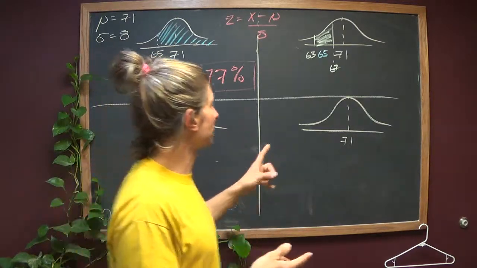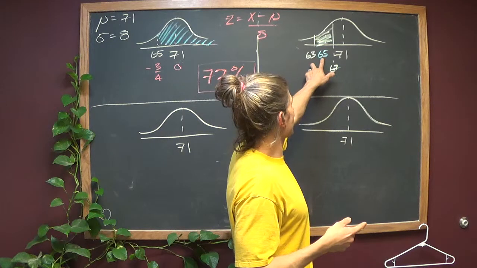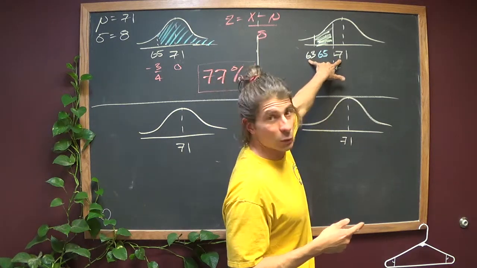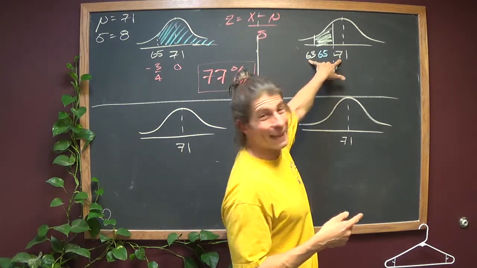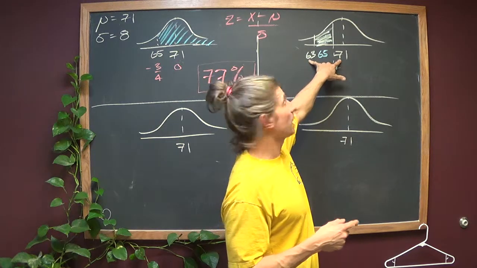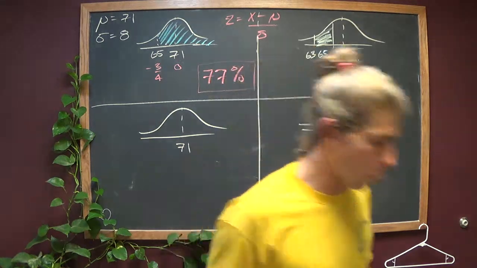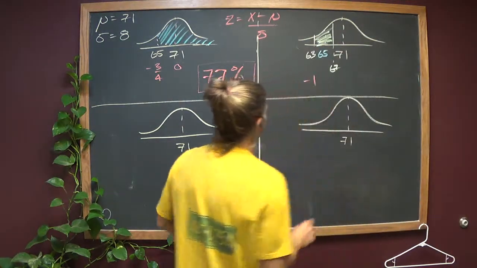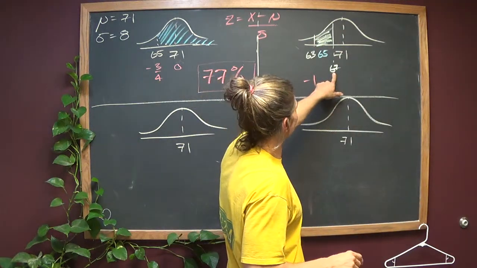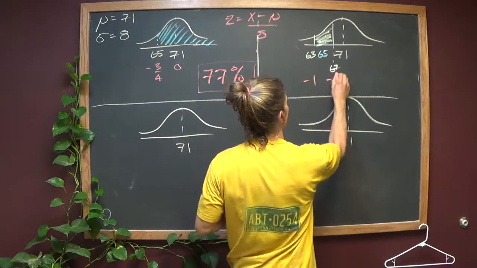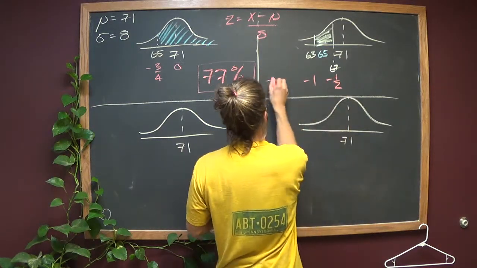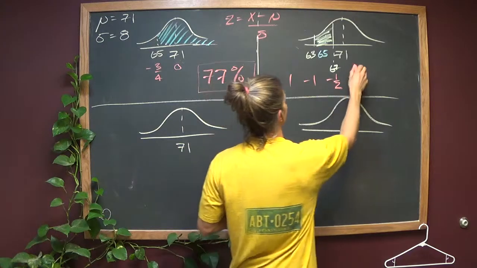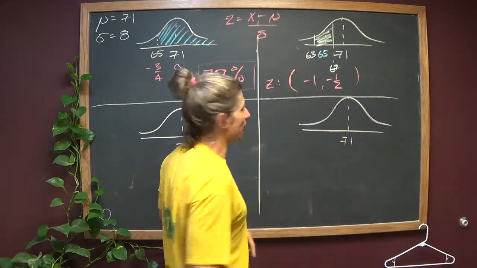So you want to change the 63 to a z-score. Since it's exactly 8 down from 71, its z-score is going to be -1 because it's 1 standard deviation down. And this z-score, since it's only half a standard deviation down, is -1/2.